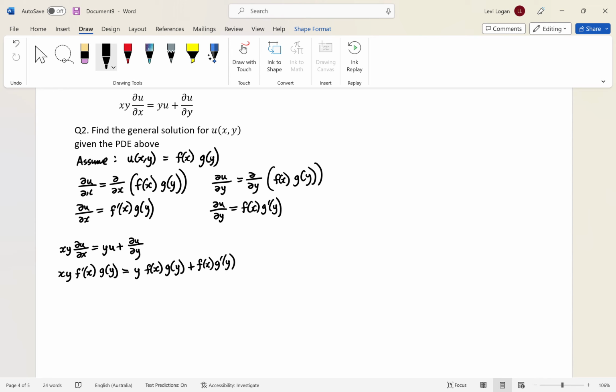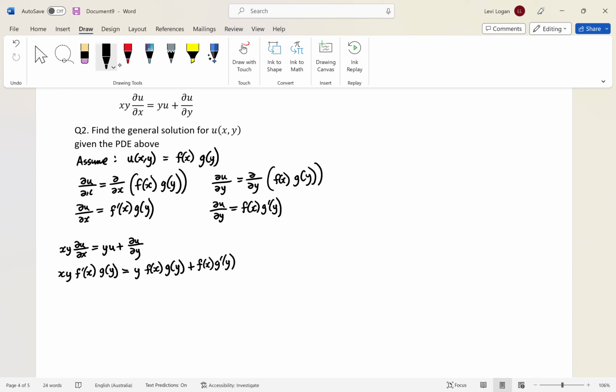Okay? Alright, so what we're going to do now, we want to get a function of x on this side and a function of y on this side, okay? Looking at the right hand side, we can see we have an f of x here and an f of x there. That means we can factor out f of x on the right hand side.